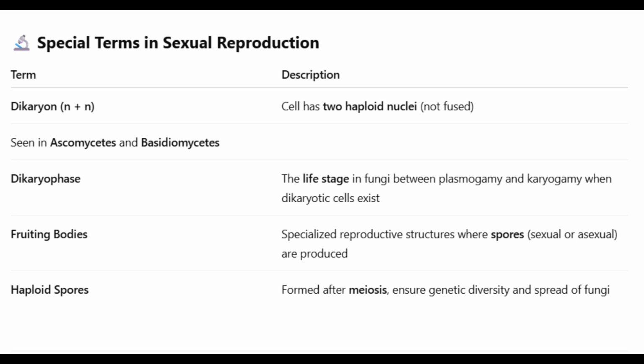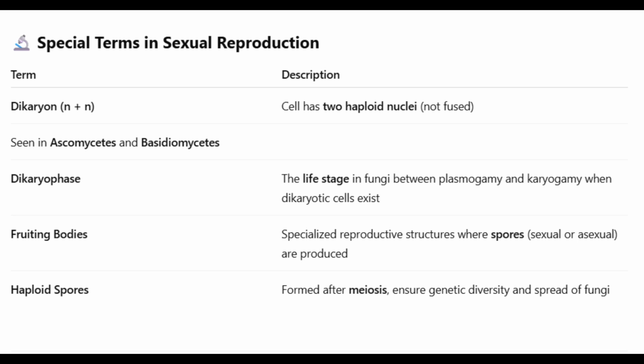2. Dikaryophase. This refers to the life stage between plasmogamy and karyogamy, where the fungal cells remain dikaryotic. It can last for days, months, or even years depending on the fungus. 3. Fruiting bodies. These are specialized reproductive structures where the fungus produces spores, either sexual or asexual. Examples include mushrooms or sporangia.